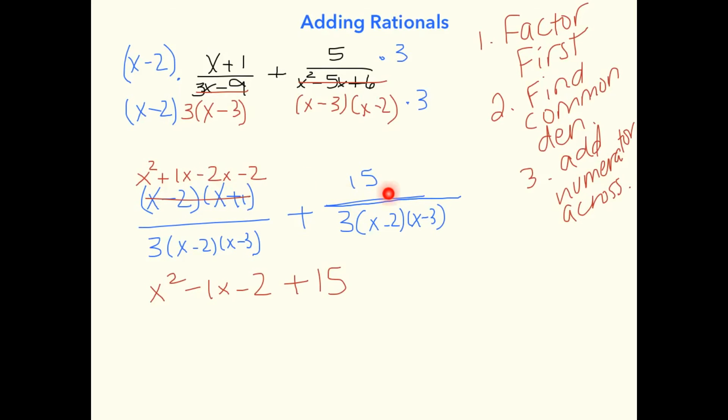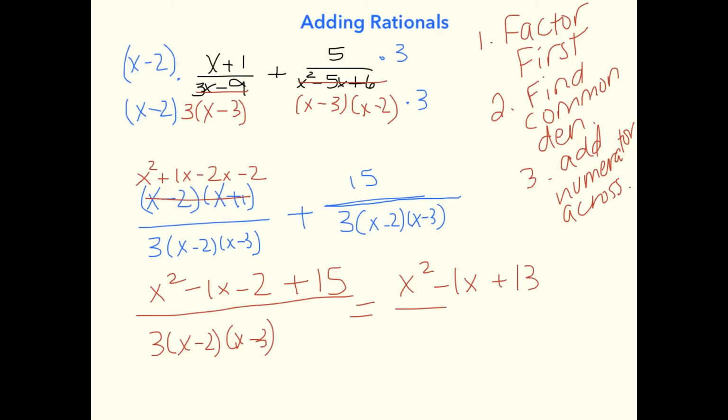So we just added all these together over my common denominator, which we keep the same. And then of course we can combine these two right here, minus 2 plus 15. So my final answer is x squared minus 1x plus 13 over 3 times x minus 2 times x minus 3.